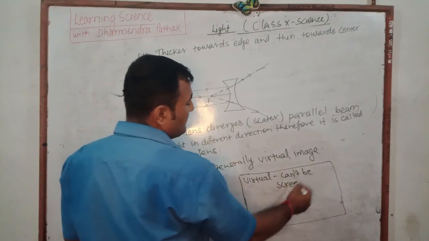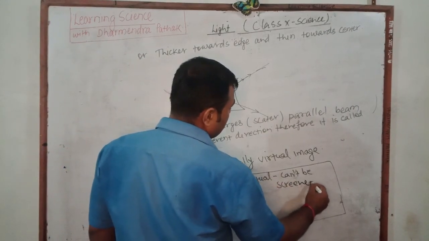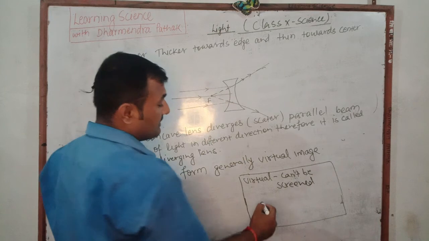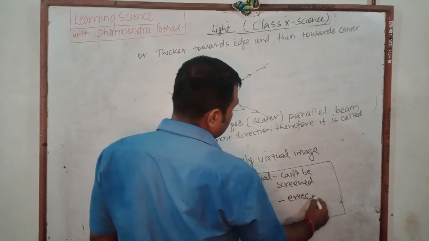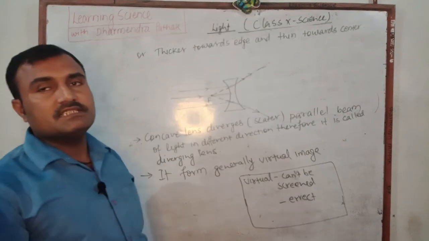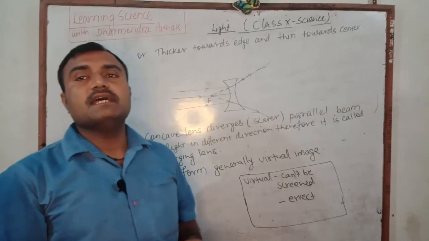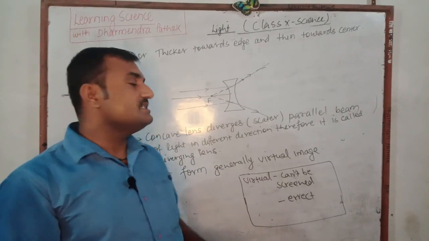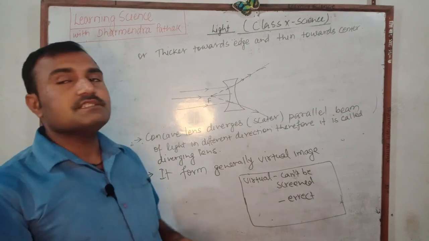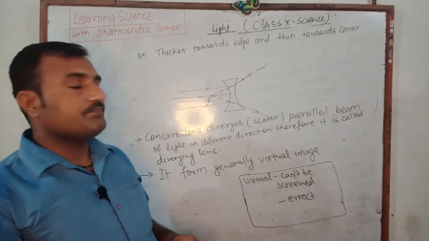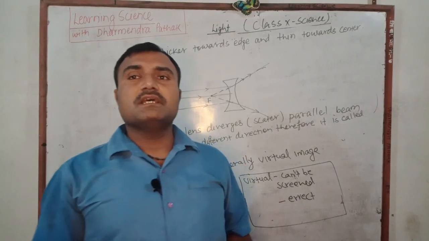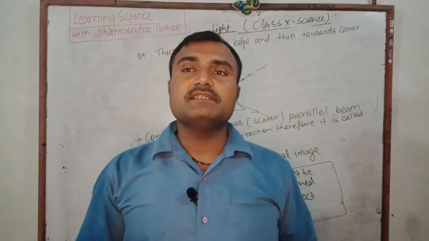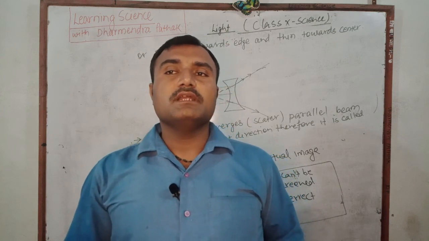A virtual image can't be screened or taken on a screen, and it is always erect. That is, when the object is on the x-axis, then its image is formed on the same axis. Then it is called a virtual image. And when the image is formed just on the opposite axis of the object, then it is called a real image.